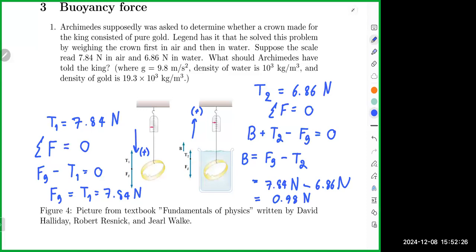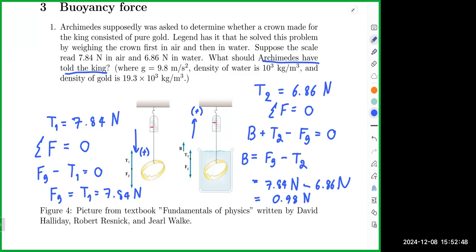Okay, then what happened next? How do we calculate next? The question is, what should Archimedes have told the king? Is the crown pure gold or not?